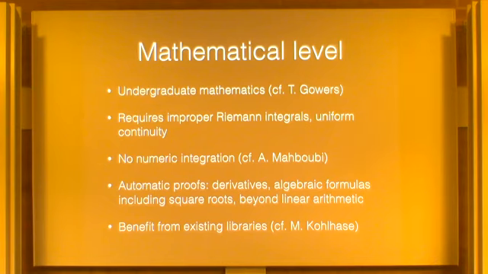What you need is to have the possibility to talk about improper Riemann integrals and Riemann integrals. You also need to be able to have theorems about uniform convergence of functions, their continuity, and the properties of their derivatives. I look at Riemann integrals, but I don't compute them. They are only used as a way to do all the mathematical steps of reasoning.